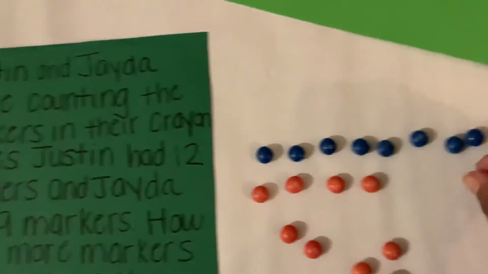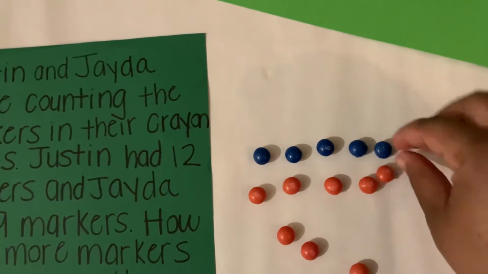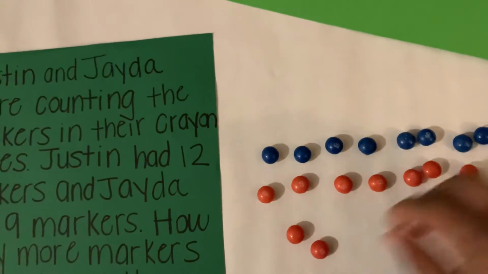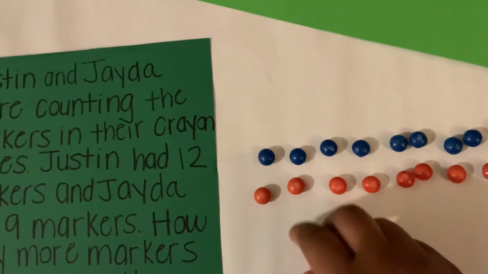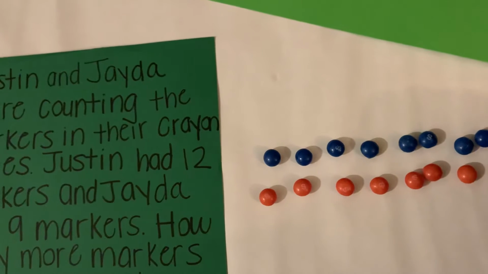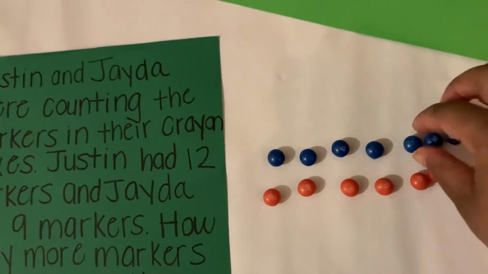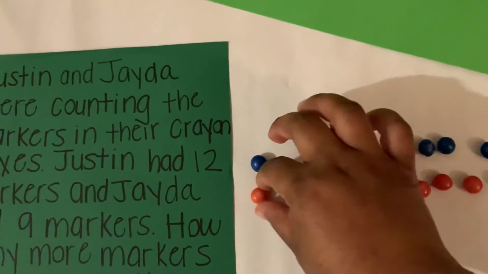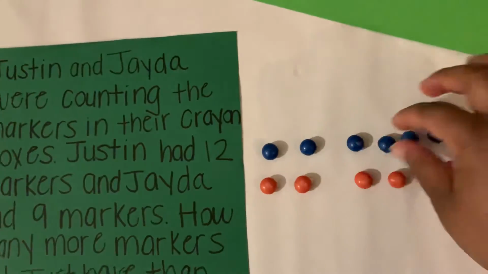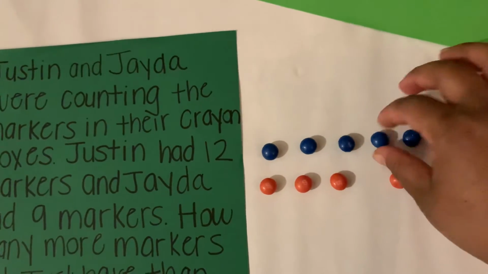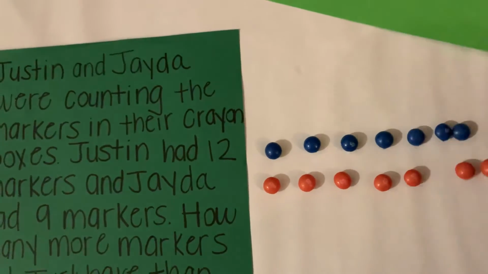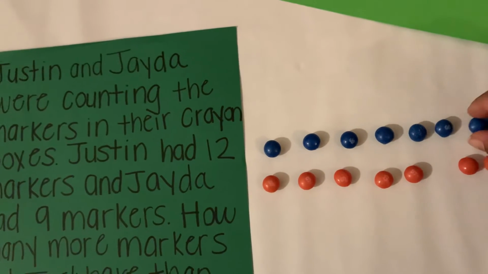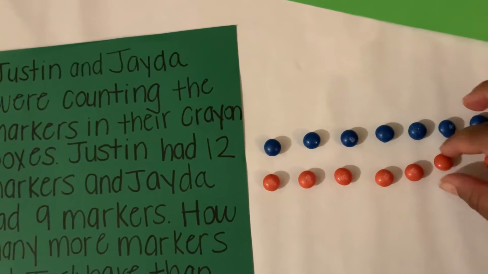If we look at it this way, I think this will give us a good visual as to who has the most, because really they will line up. And once we figure out where the pink stops, it's going to tell us how many more Justin has. And we want to make it kind of neat so that we are able to tell.